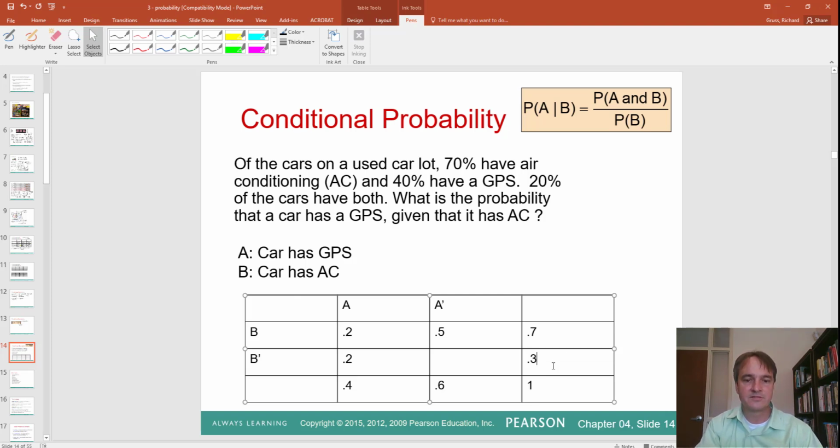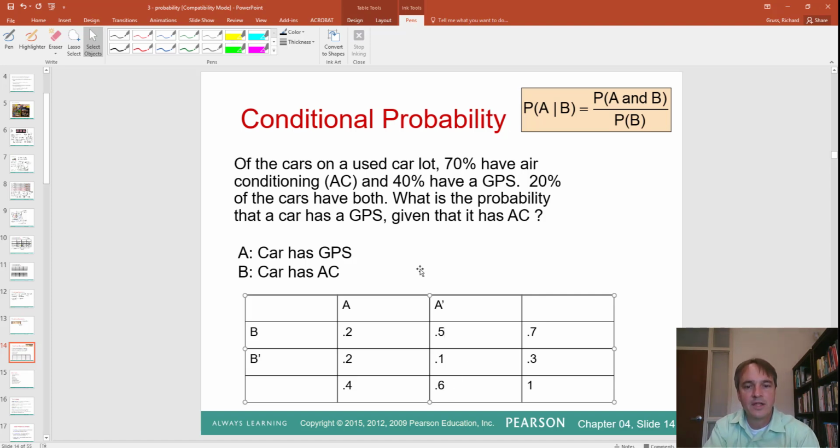Because the total probability of an event and its complement is 1, because it can only be A or not A. So now if these have to add up to 0.3, then that's just going to be 0.1. And this works out because these have to add up to 0.6, and that works out.